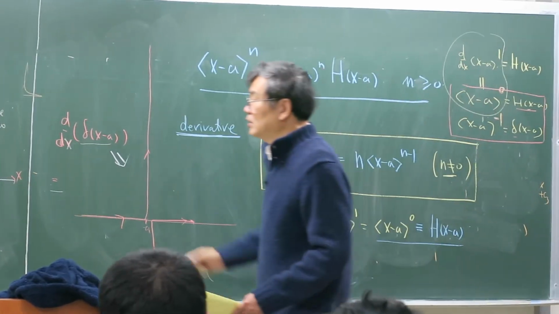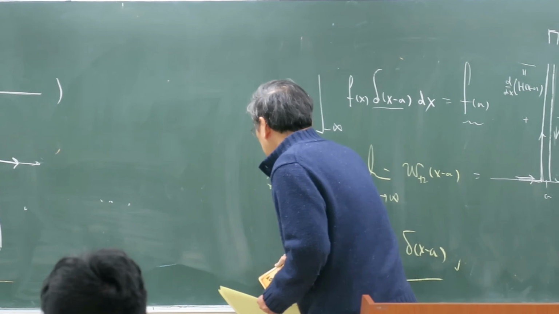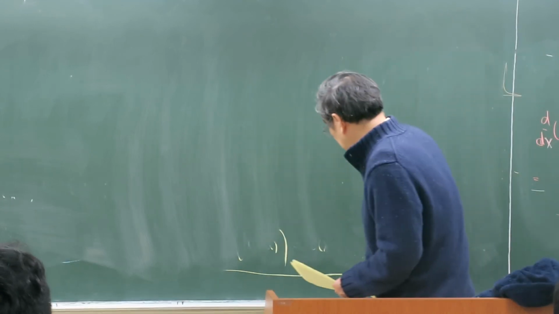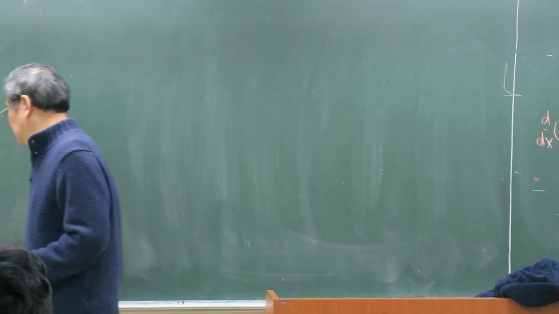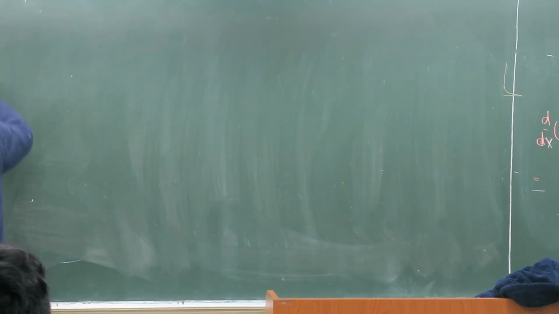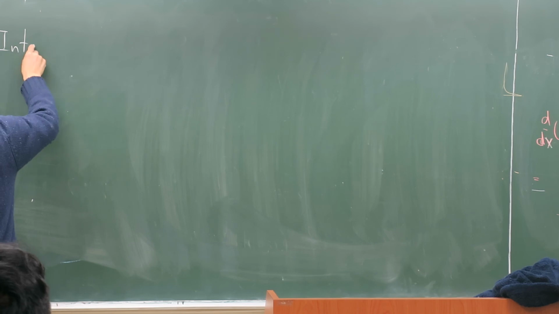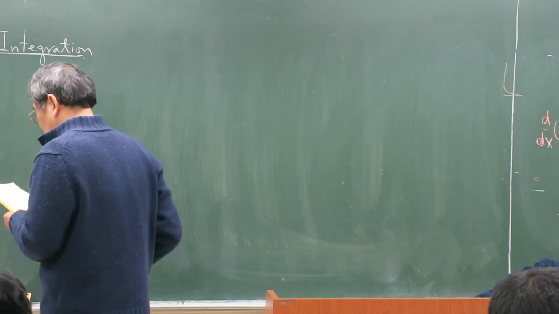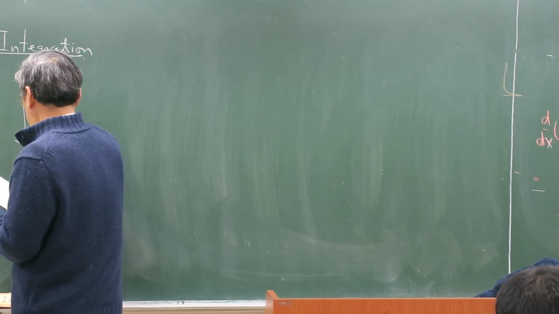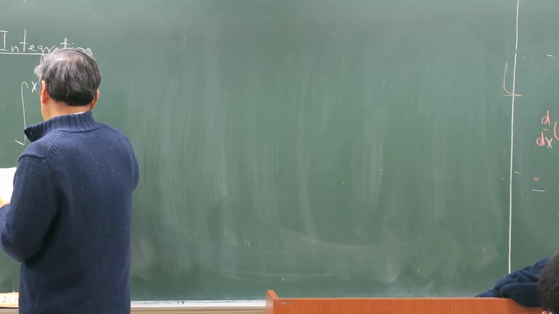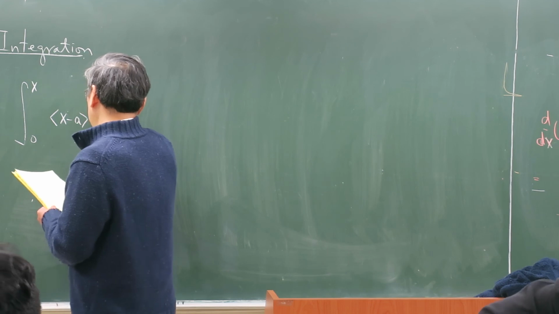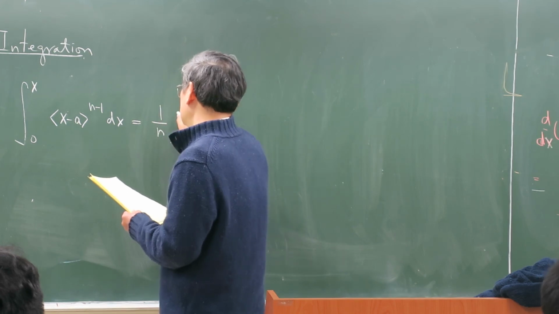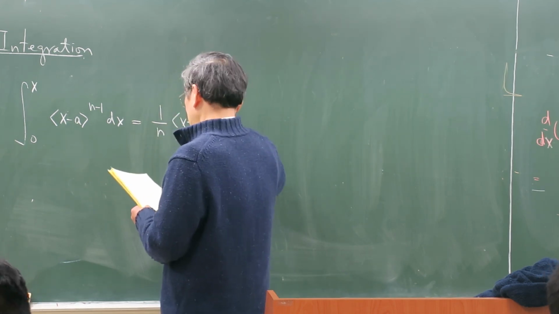Now let's do the integration. The integral from 0 to x of (x − a)^(n−1) dx is equal to (1/n)(x − a)^n.